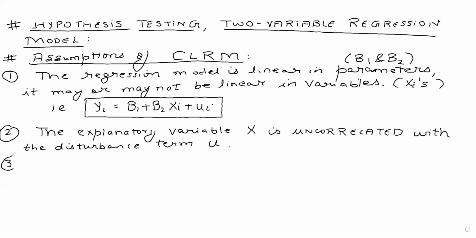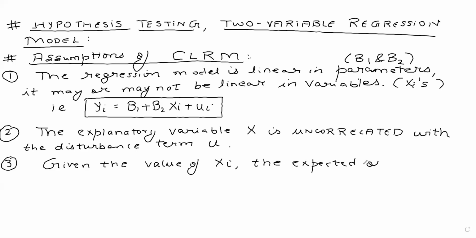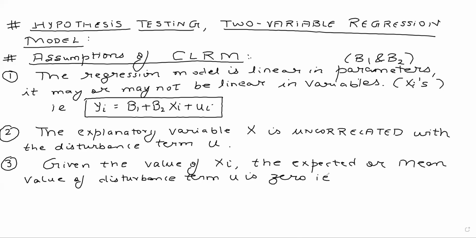Third assumption of classical linear regression model: given the value of xi, the expected or the mean value of the disturbance term u is 0. What does this mean, guys?